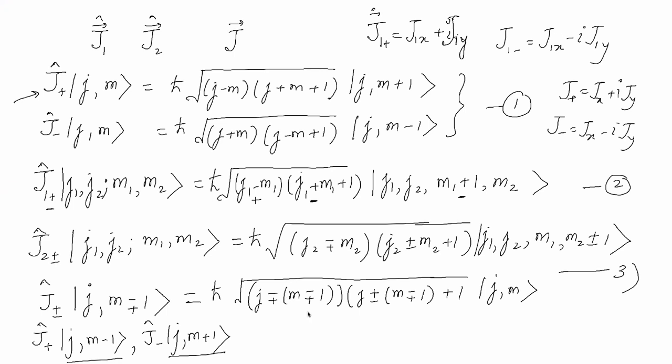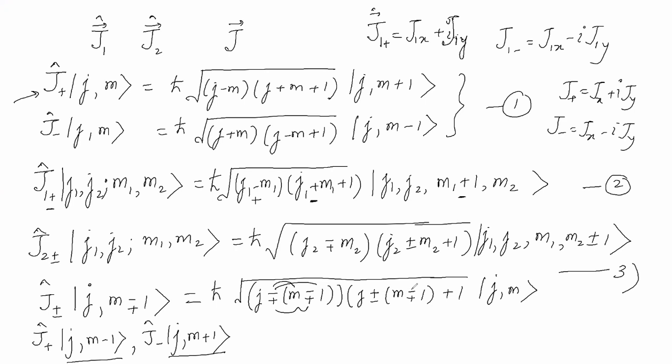That means I can write J minus M plus 1 for J plus, and J plus M plus 1 for J minus, and J minus M. The minus 1 and plus 1 will cancel out.